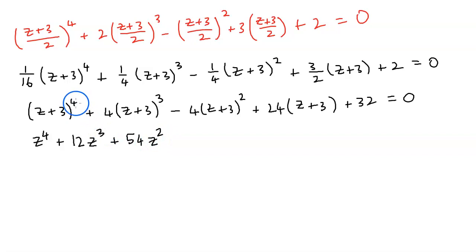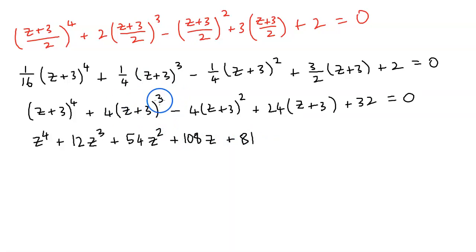Then 4 choose 3, so 4 times 3 cubed, and 3 cubed is 27, times 4 is 108, so plus 108z. And lastly just plus 3 to the power of 4, which is 81. Alright, so that's the first expansion done.